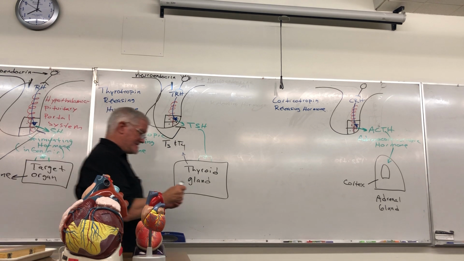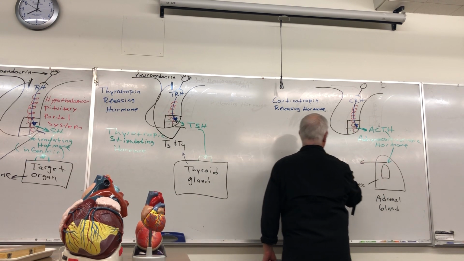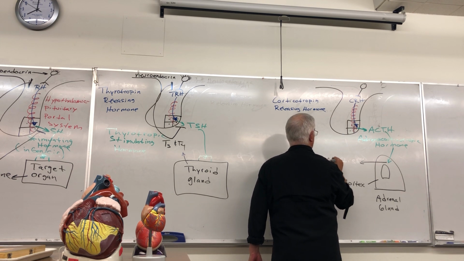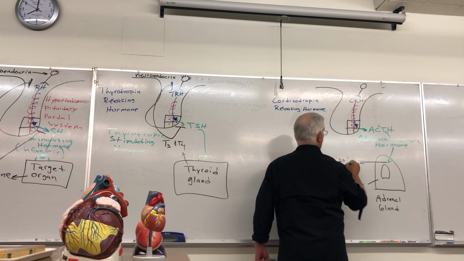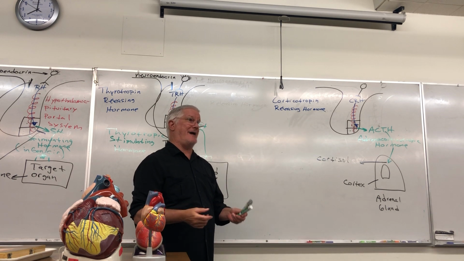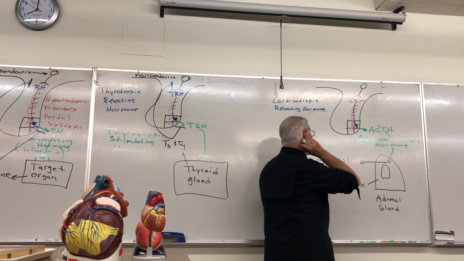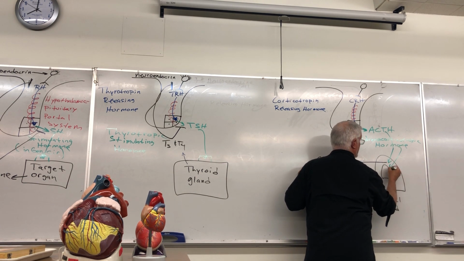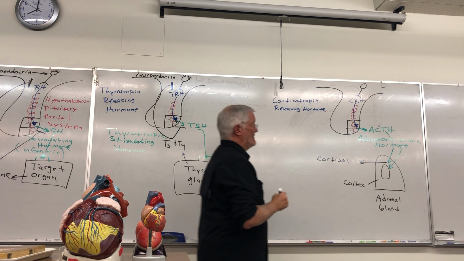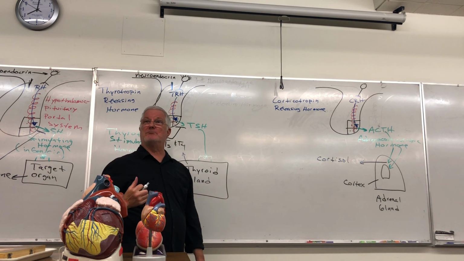And then in response to that, the cortex will produce cortisol. Now, where else can you guys screw up where you have screwed up in the past? If you do this, because you're just being quick, you're not being careful, you do this. That looks like you're pointing to the medulla. That's going to cost you a point.